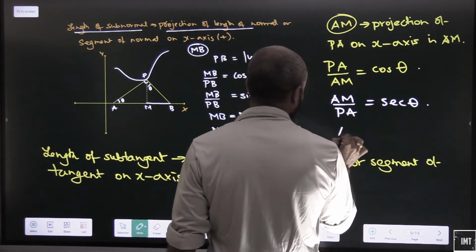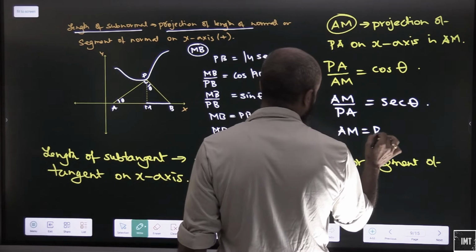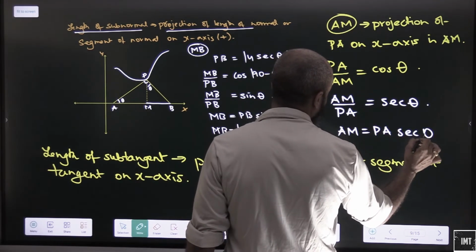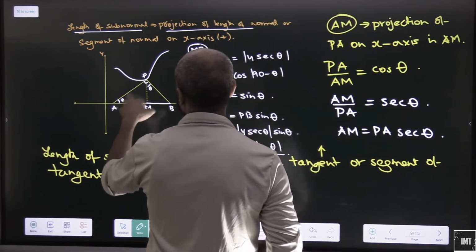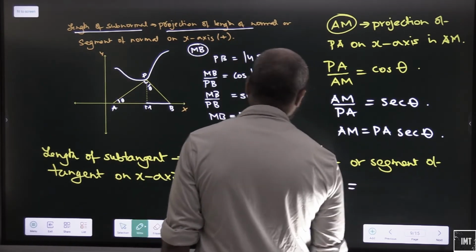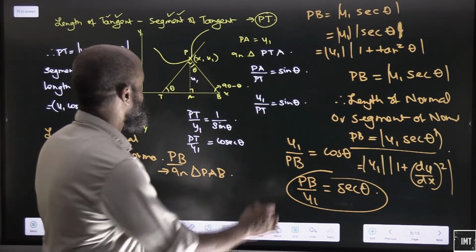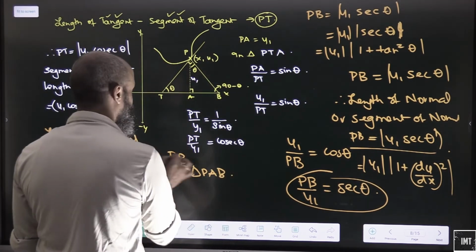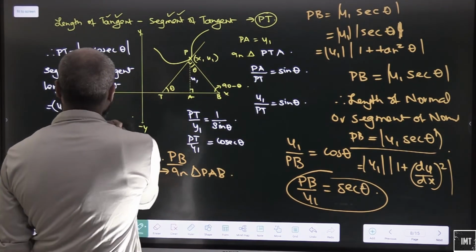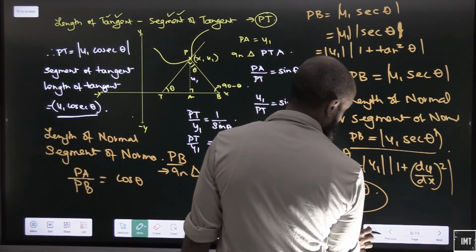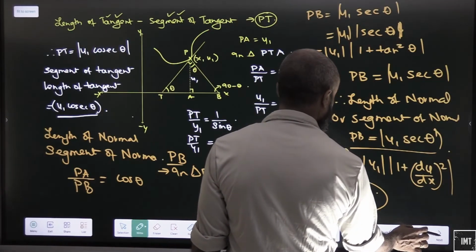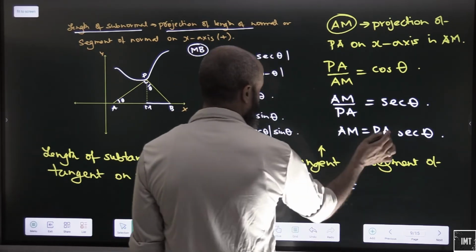So AM is equal to PA sec theta. PA we have seen as y cosec theta.